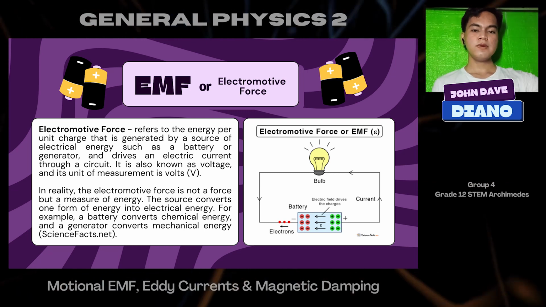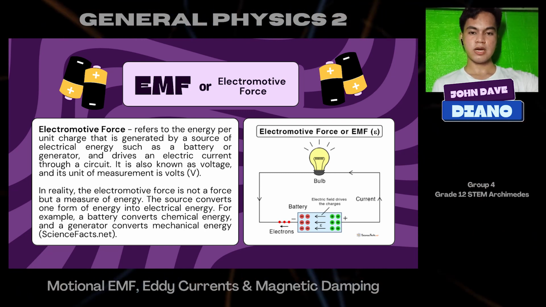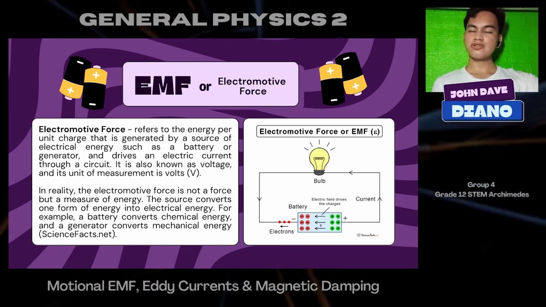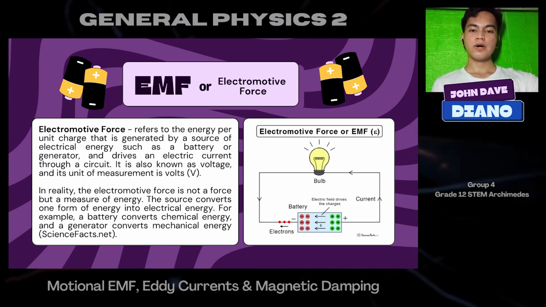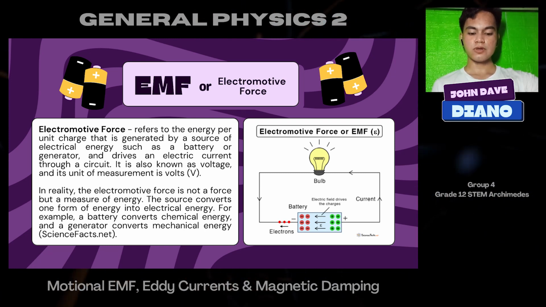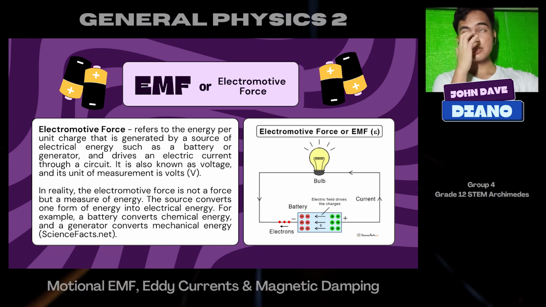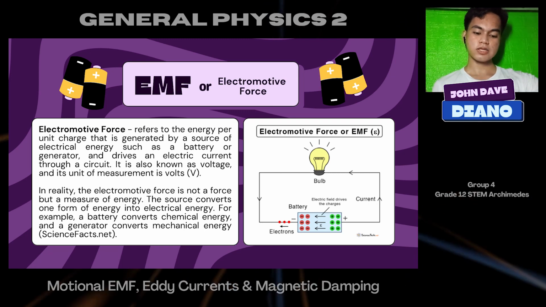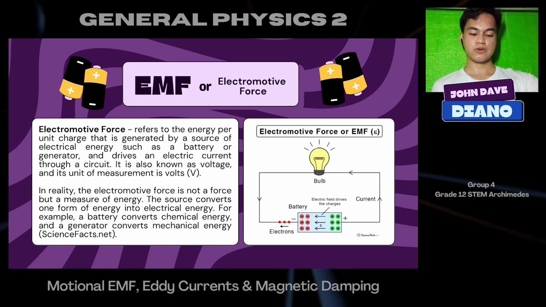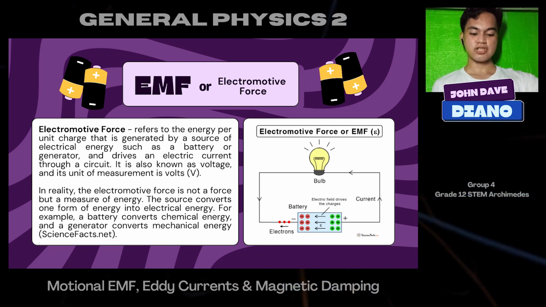So first, we have to establish that EMF, or the electromotive force, also known as voltage, is not a force, but it is what is responsible for making charged particles such as electrons move in an electric circuit.